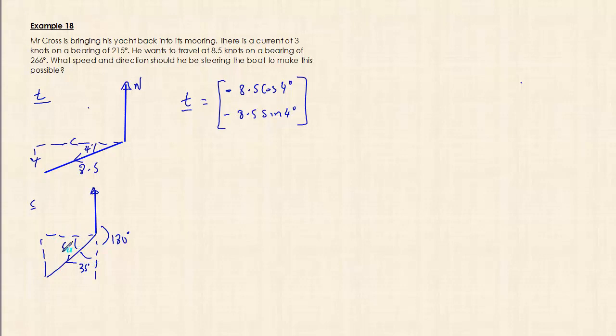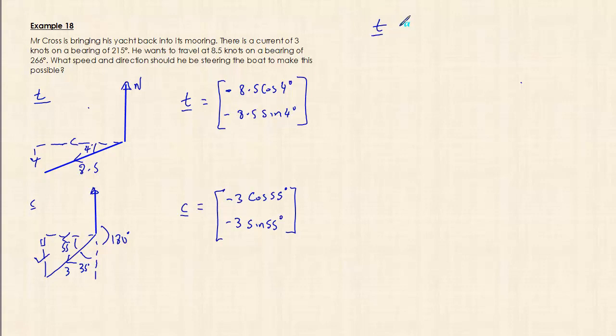So that will be 55 degrees here. Still back and down. So the current had a magnitude of 3. So that would be negative 3 cos 55 degrees and negative 3 sine 55 degrees.